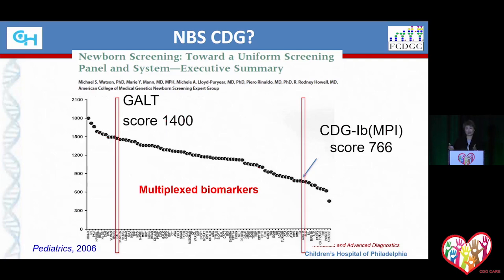So that's our ultimate goal, to put CDG on the RUSP. So how do we get there? I pulled out the very first publication about RUSP. There's a list of conditions that was evaluated by the Newborn Screening Advisory Committee. That is 2006. On that list, we can actually identify two CDGs.